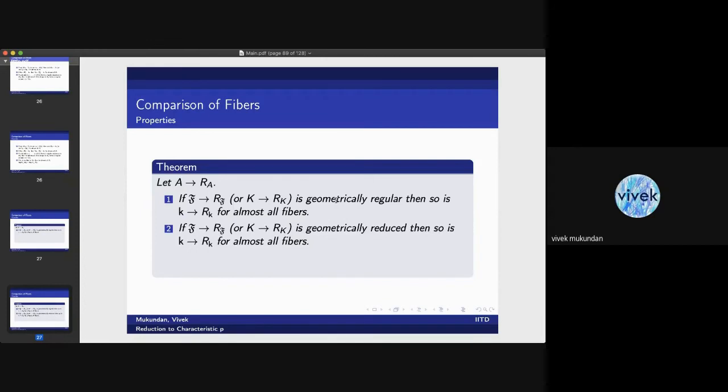And if R is geometrically reduced, then so is the fiber RK for almost all fibers. And if R is an absolute domain, then so is the fiber RK for almost all fibers. So all the good properties you have of the ring R can be carried all the way to the fiber for almost all fibers.